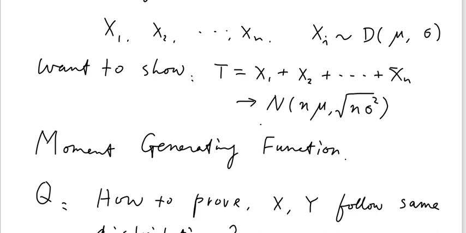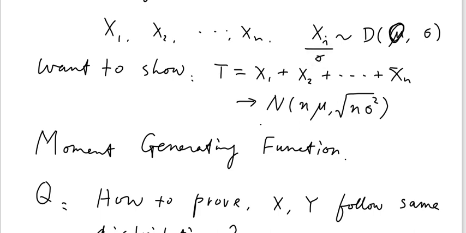Anyway, we consider the simplest case, where x1, x2 follow a normal distribution, or a distribution with mean 0. So we can always simplify the mean to be 0. We can also simplify sigma to 1, because we just divide by sigma.